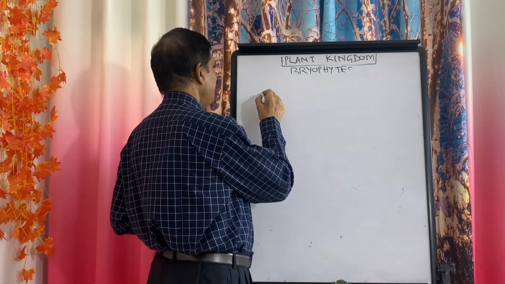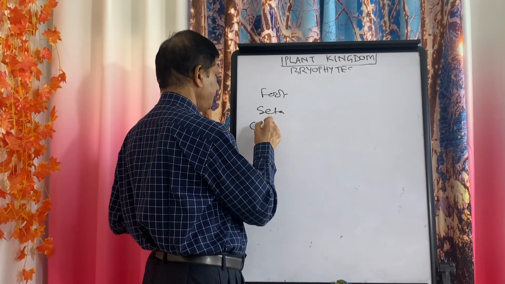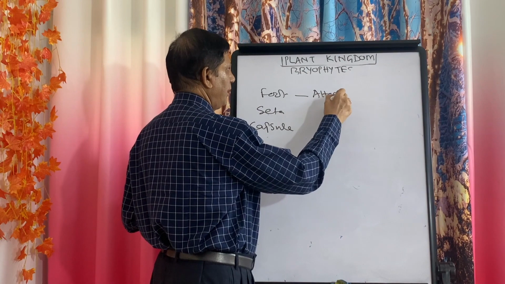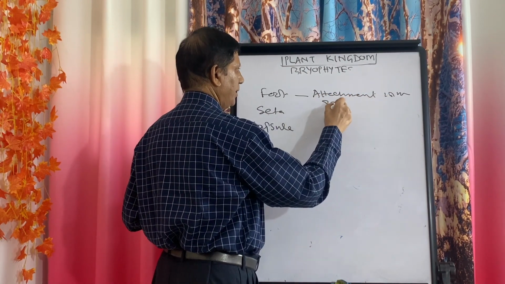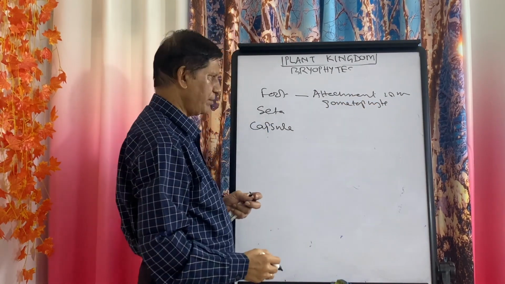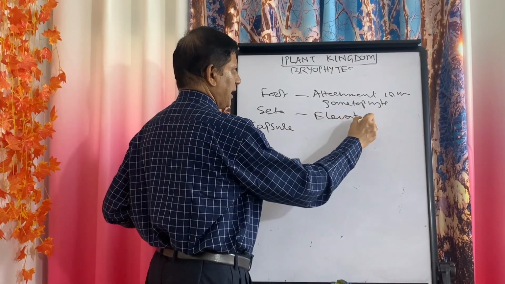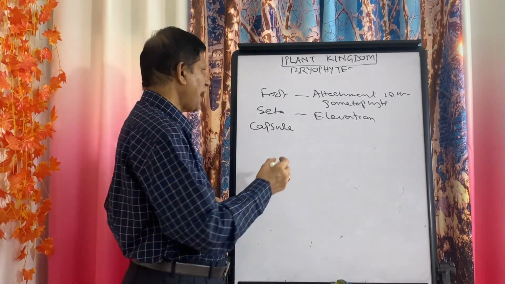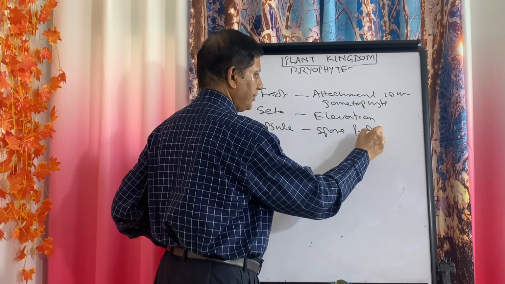The foot is for attachment with the gametophytic plant body, because it will derive its nourishment from the gametophytic plant body. Seta is for elevation. That means the sporophyte will be elevated above the gametophytic plant body, and the capsule is the spore producing part.